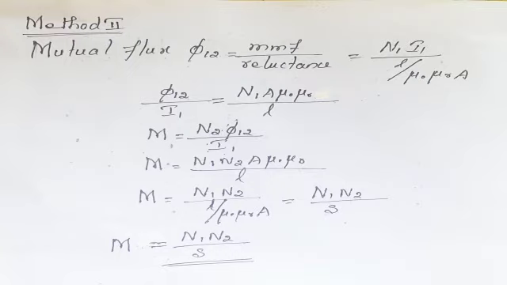Method 2: mutual flux phi 12 is equal to mmf per reluctance.